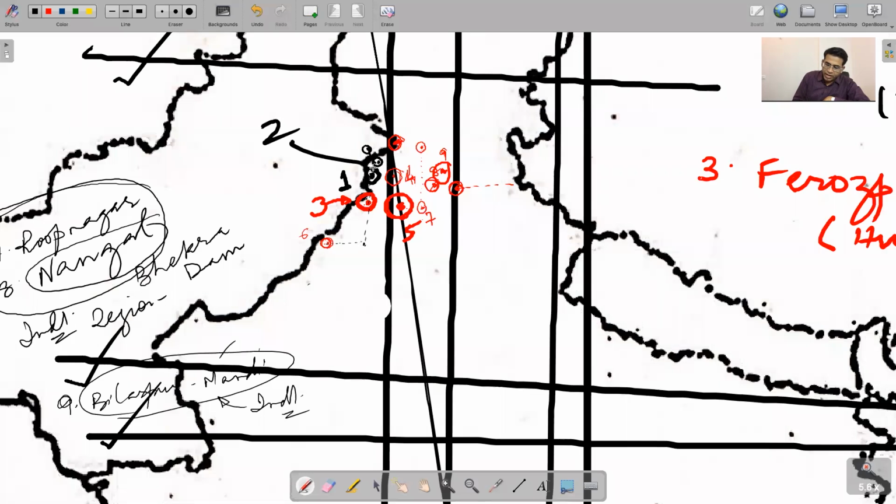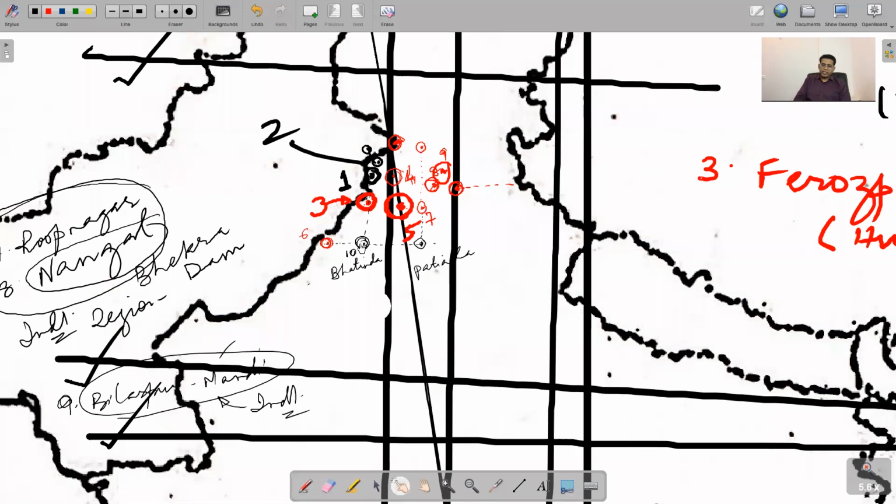East of Ganganagar, below Amritsar, this place here. This is Bhatinda. And if you move further eastwards and below Roopnagar, this is Patiala. So this point here, move east of Ganganagar, this is Bhatinda. So I can name this as 10.